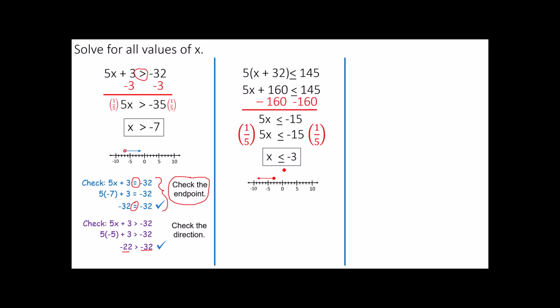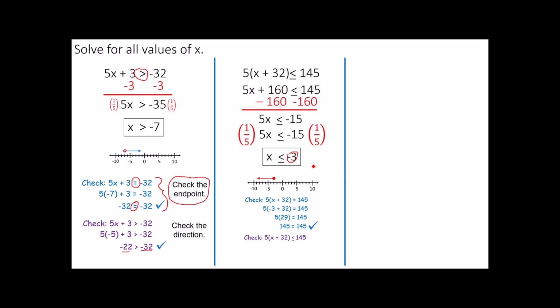If I did this correctly, when I do my check, I should be able to find that putting in this negative 3 will cause this to equal 145, or will give me a true statement. So let's plug in that negative 3. I simplify, the two sides are equal, and I know it works. In this case, the negative 3 works, and the negative 3 is part of our solution because equal to is part of our final answer.